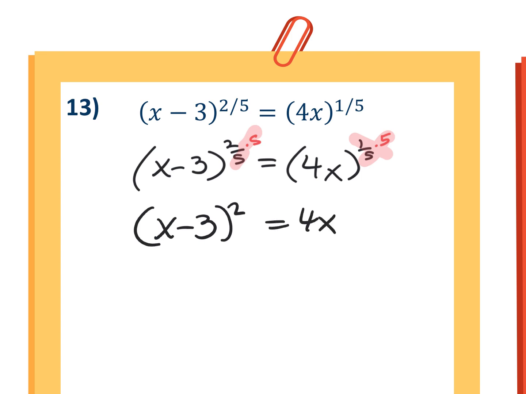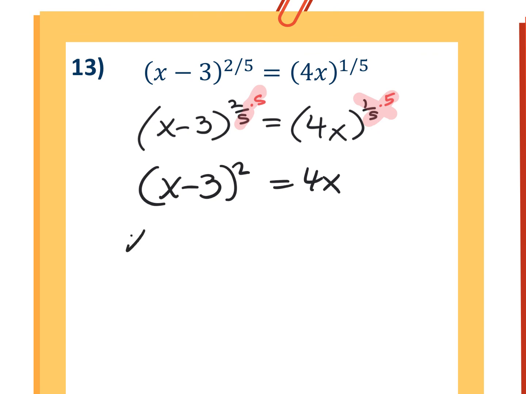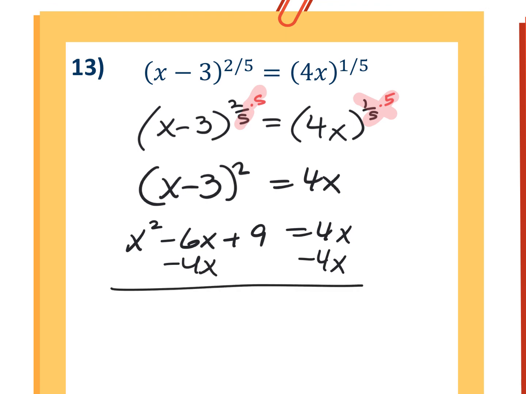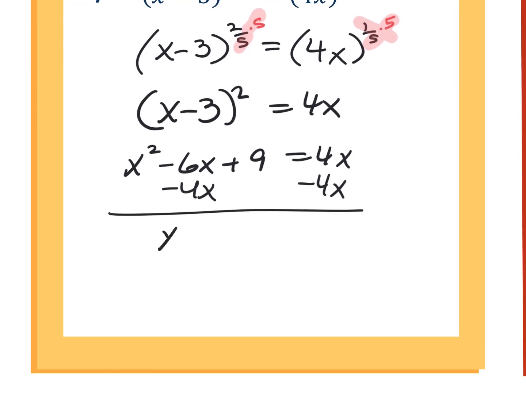I got to FOIL the x minus 3. It becomes x squared minus 6x plus 9. I need to move the 4x to the other side, set it equal to 0. X squared minus 10x plus 9 equals 0.